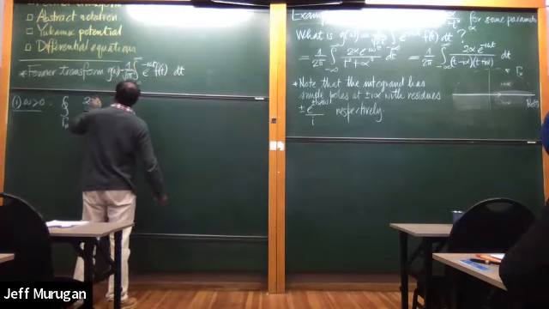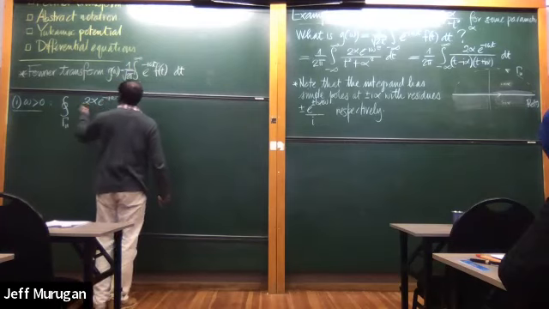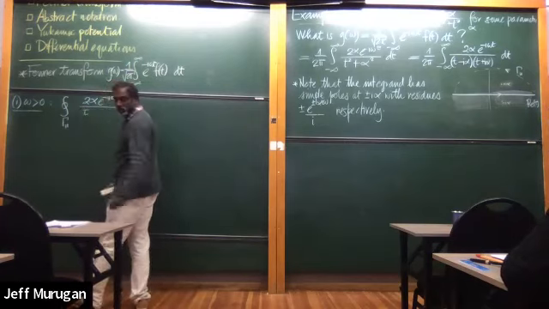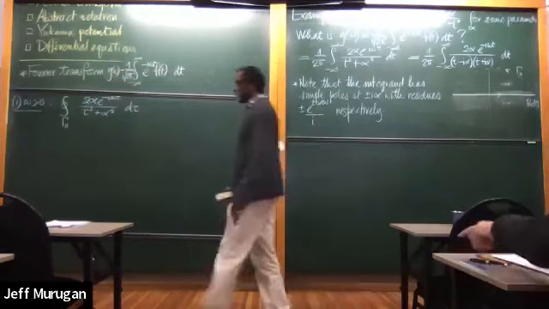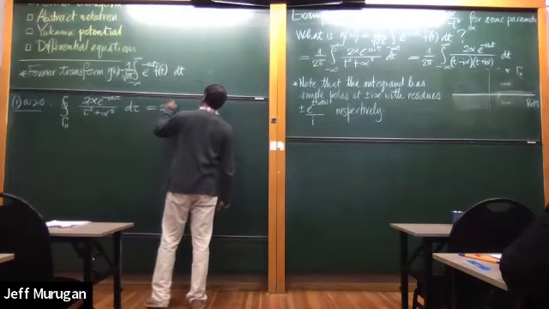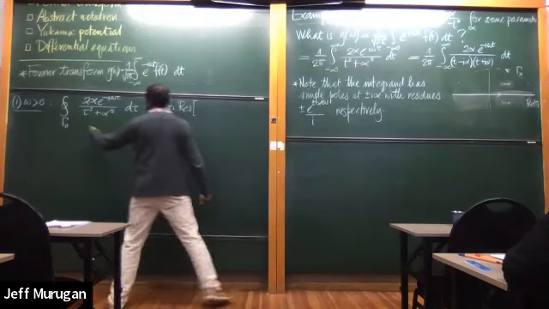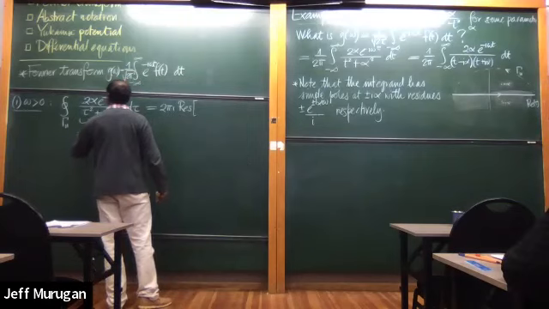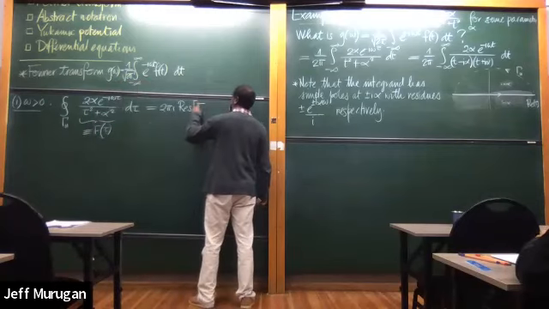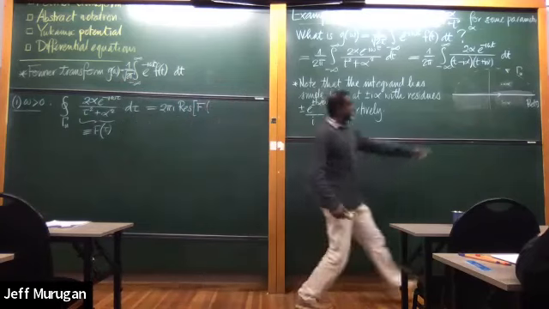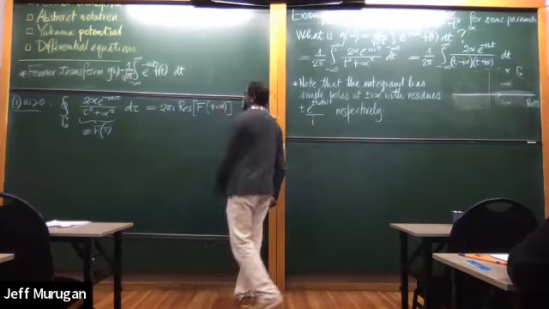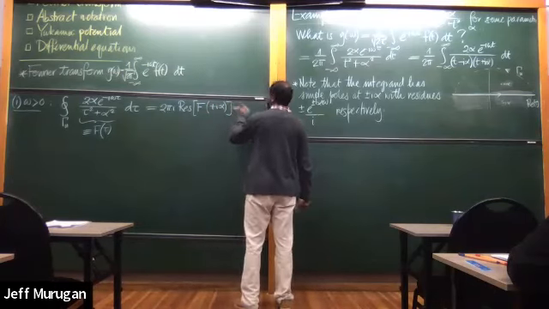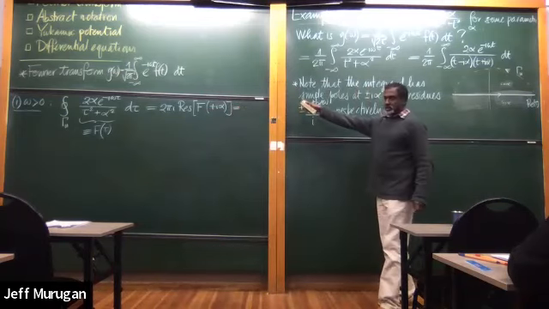of 2 alpha e to the minus i omega tau over tau squared plus alpha squared, d tau, which is 2 pi i times the residue of the integrand f of tau at tau equal to the only pole that's enclosed by this contour, which is the one at plus i alpha, which is 2 pi i times the plus side of this expression here.